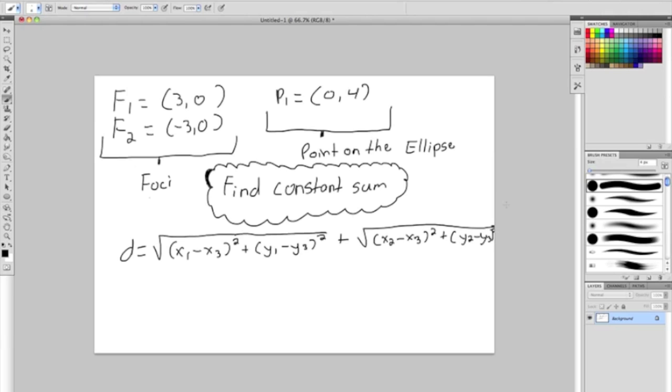Squared. Okay, so this is your x1, this is your x3, this is your y1, this is your y3, this is your x2, this is your x3, this is your y3, and this is your, no, this is your y2, and this is your y3. So if you were to plug that in, you would get this.